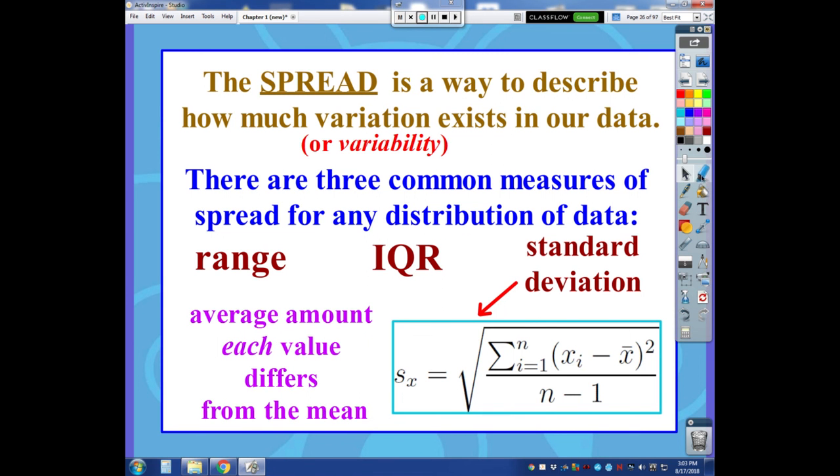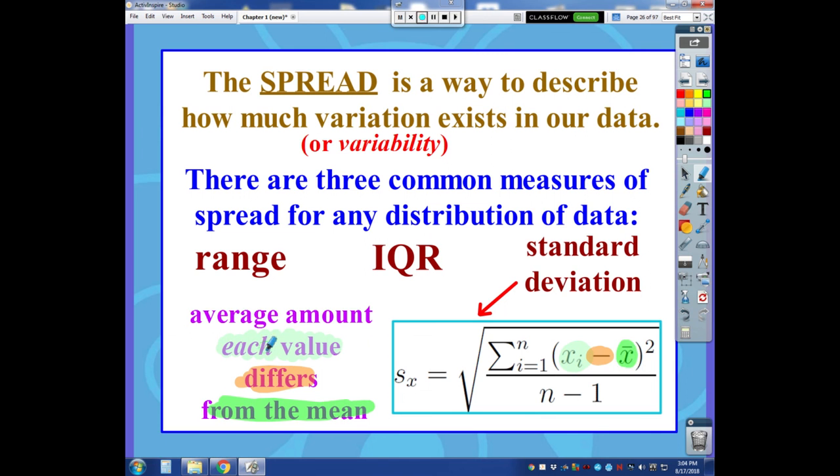So let's kind of walk through this a little here. And I'm going to start with the second line. Each value, and I mentioned where that part was, this x sub i. So each value that differs from the mean, so if it differs, we're going to be subtracting. And if it differs from the mean, I said mean was x bar.